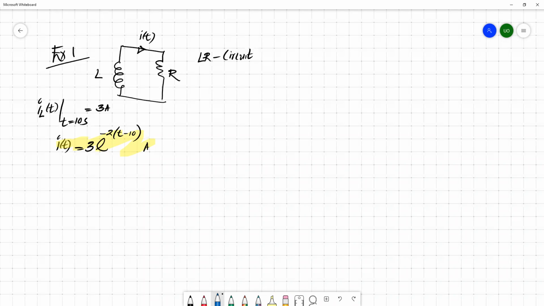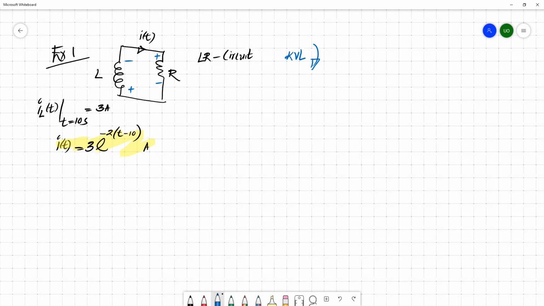So if we mark the polarities of these two elements by considering the passive sign convention, we can apply the Kirchhoff voltage law for this circuit.